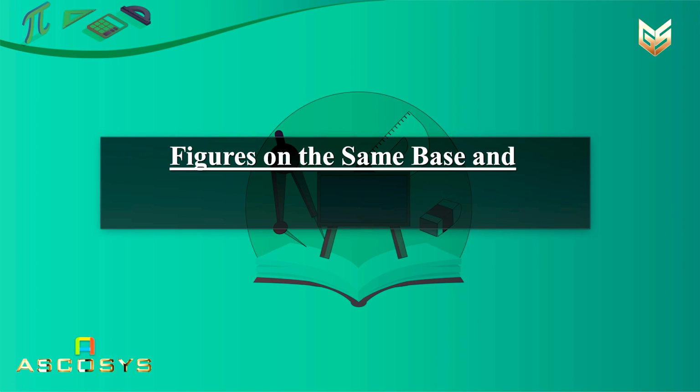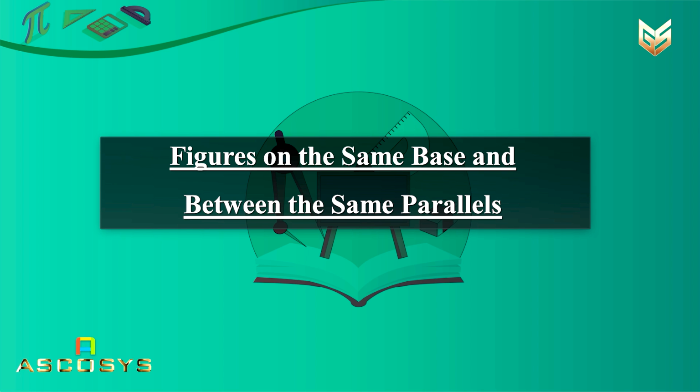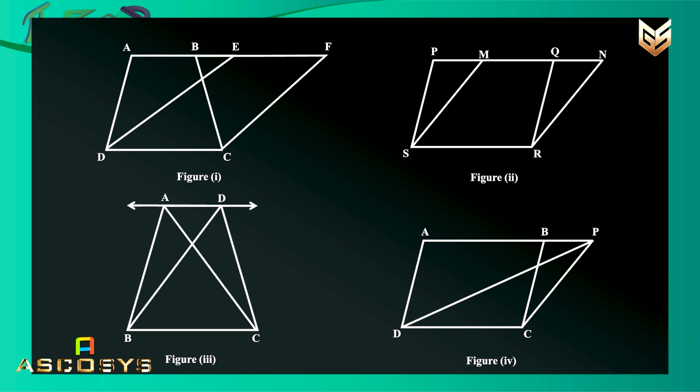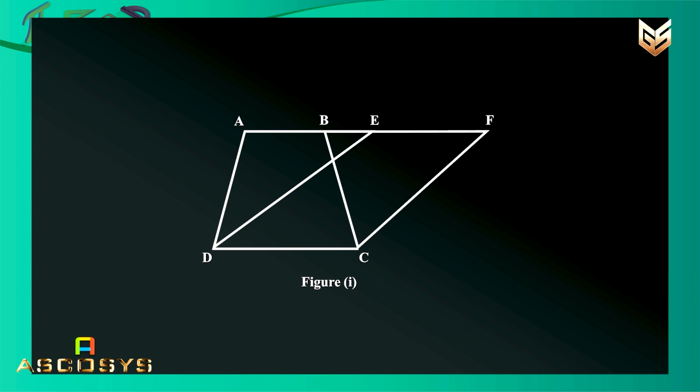Now let's look at some figures with the same base and between the same parallels. As you can see, there are four figures here. In figure 1, clearly trapezium ABCD and parallelogram EFCD are on the same base DC.